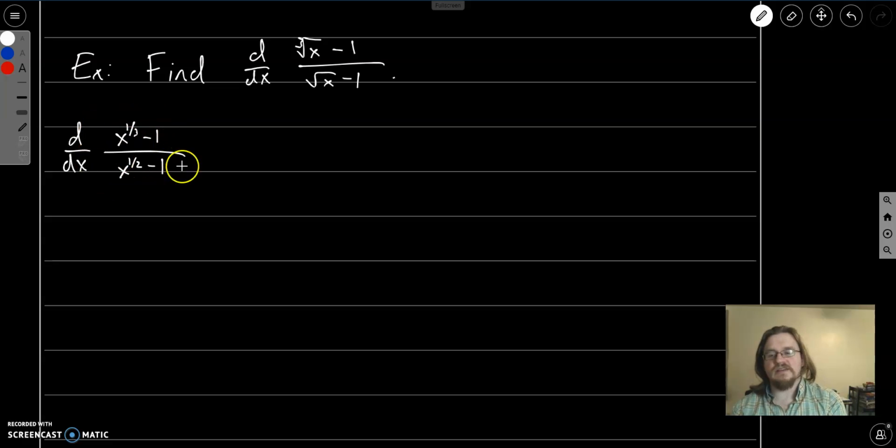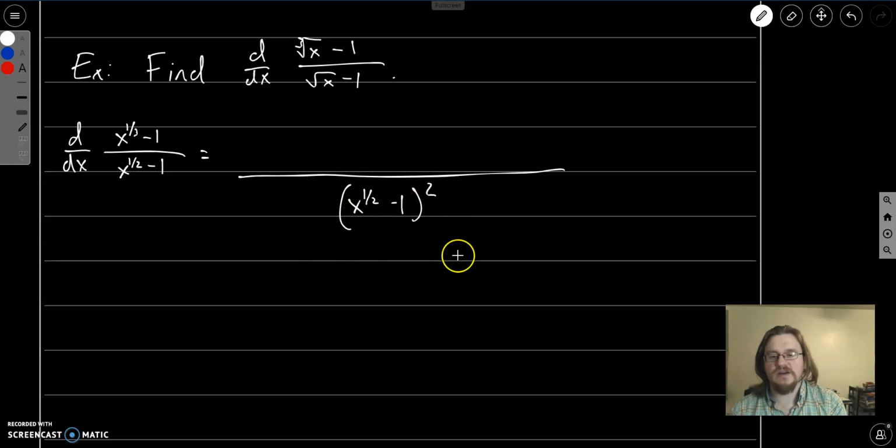So I'm going to write it like this because it'll be easier for me to take some product rule, some power rules derivatives in there. So first things first, I'll take the square of the bottom. So this is x to the 1/2 minus 1 quantity squared.